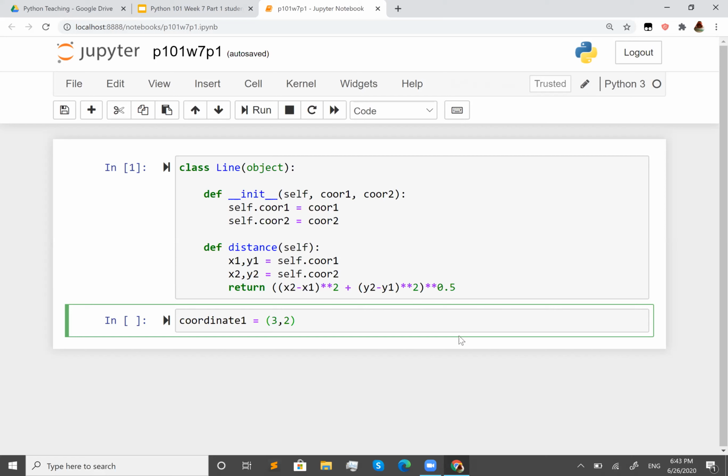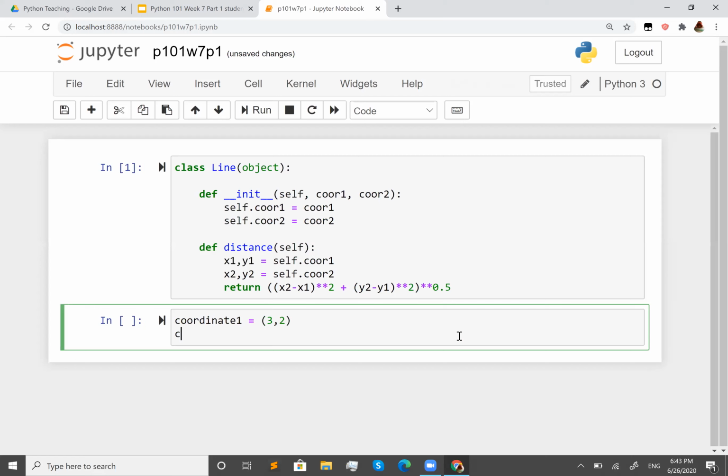No. Okay. So now we're gonna write coordinate 2. Based on these coordinates, Yu Yang, please give me 2 numbers. 16 and 4. Okay.